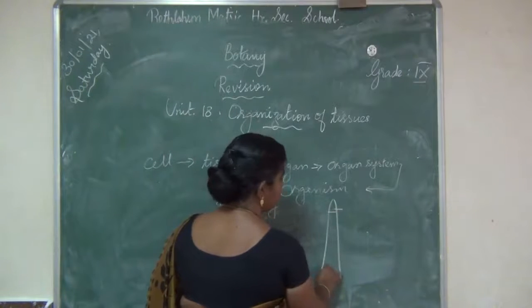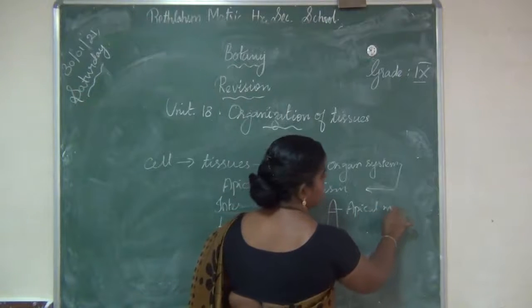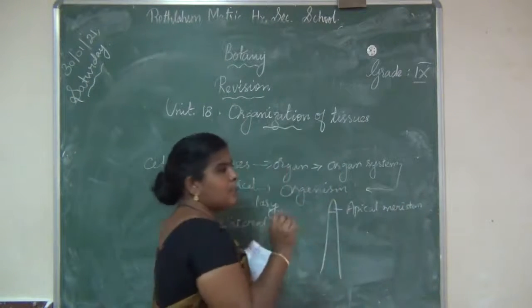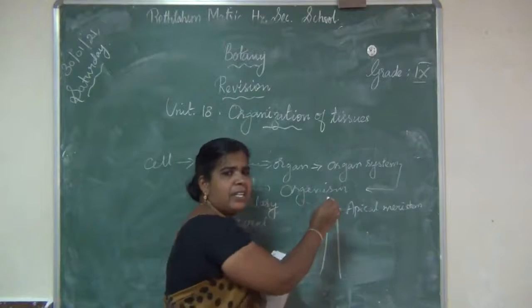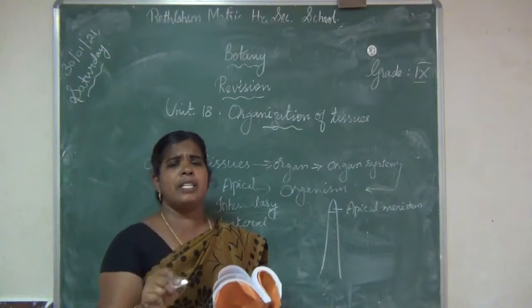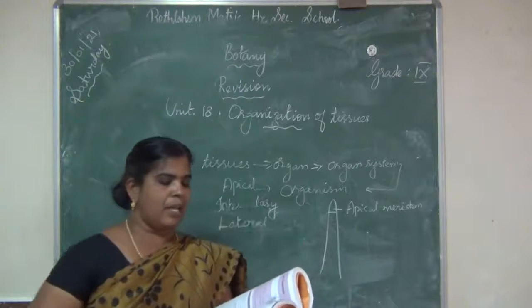This is the tip of the shoot, isn't it? So here you have to mark the apical meristem. This region consists of actively dividing cells. From the word itself you come to know meristematic tissues are living, actively dividing cells, okay? Now this is the apical meristem.